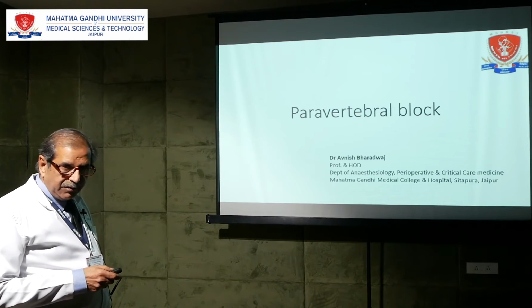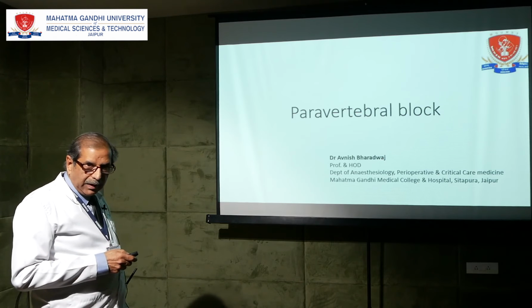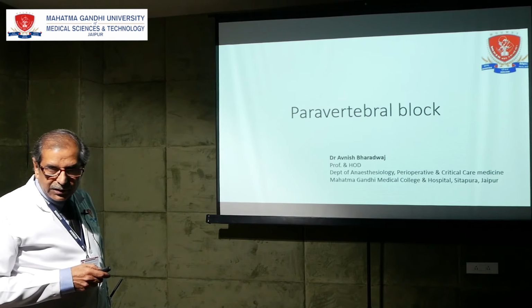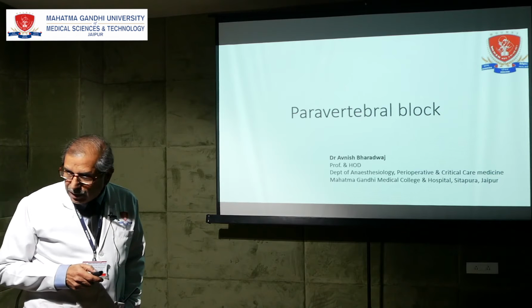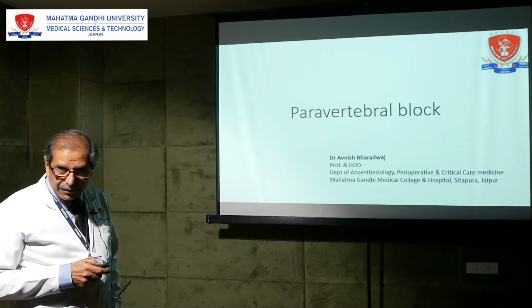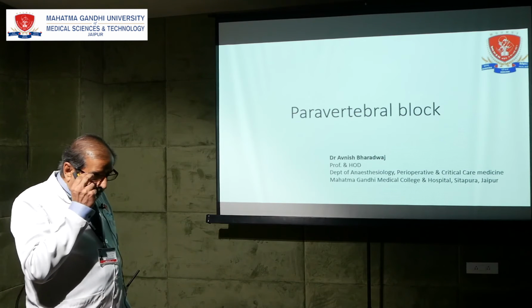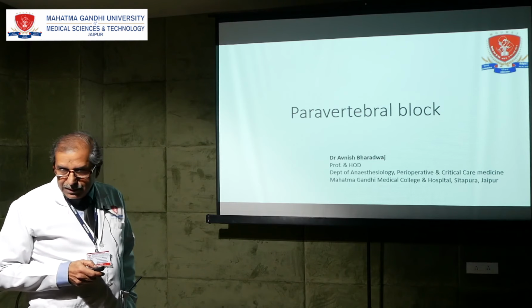You must have received the pre-learning material which I had sent to you, and I am going to ask you a few questions. How many of you have read this pre-learning material? Yes, good. Now I'll ask you a few questions.